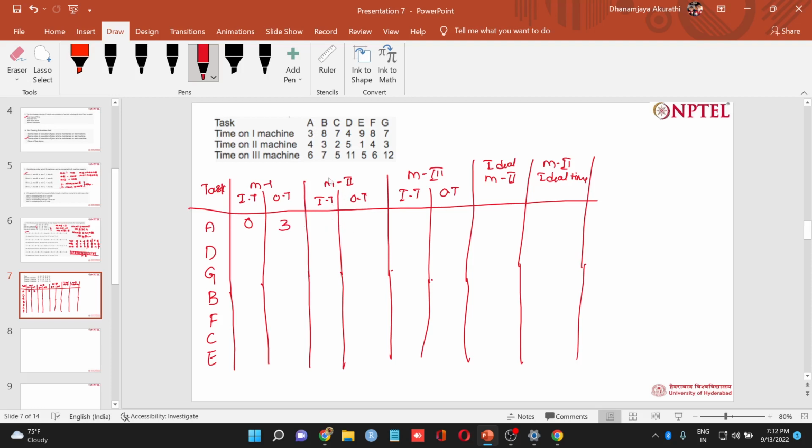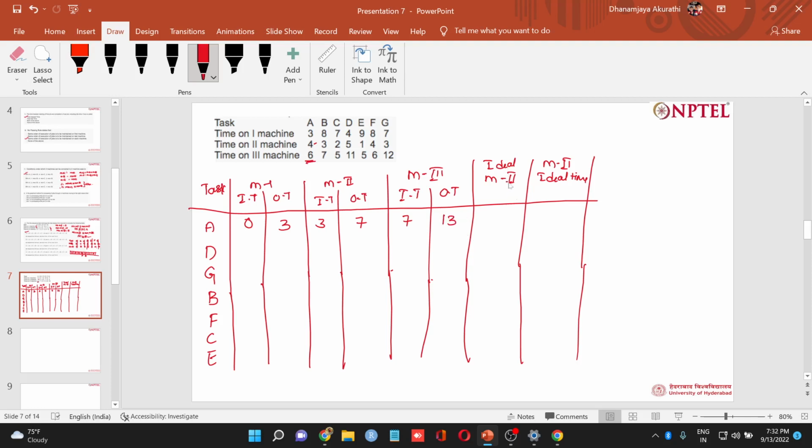Machine 2's time is 4 for doing task A, so here in time is 3 and out time is 3 plus 4, 7. And machine 3's in time is 7, and out time is 7 plus machine 3's processing time, which is 6 hours for doing job A. So 7 plus 6, 13 hours out time.